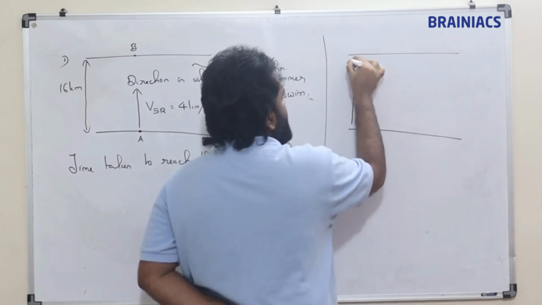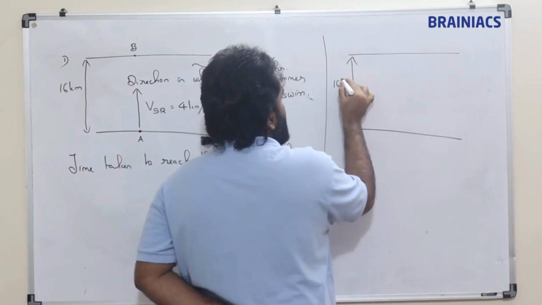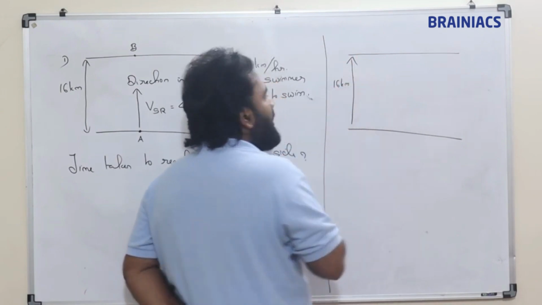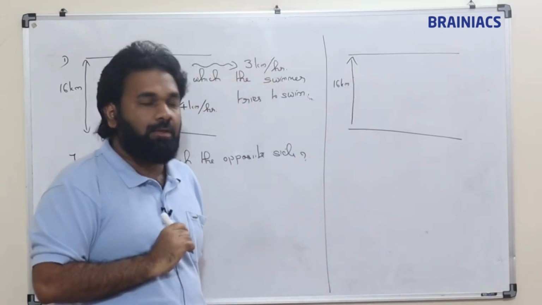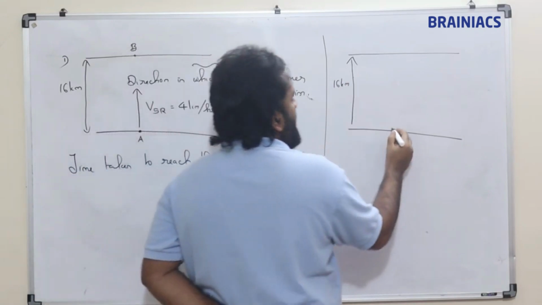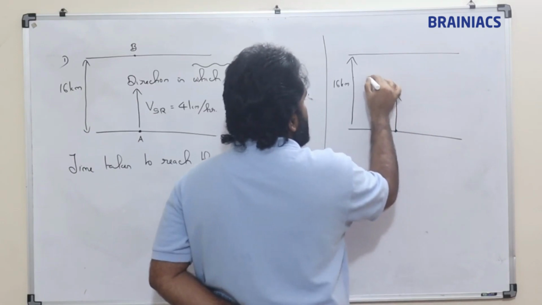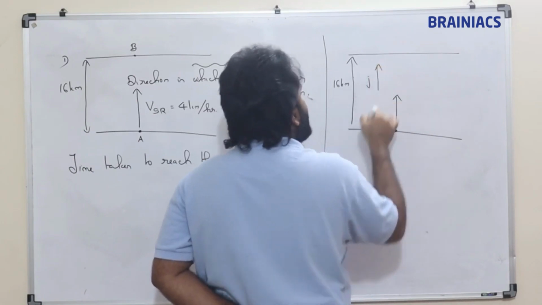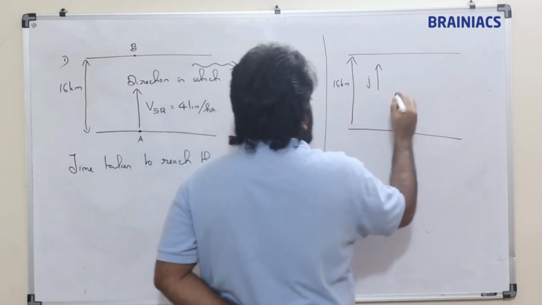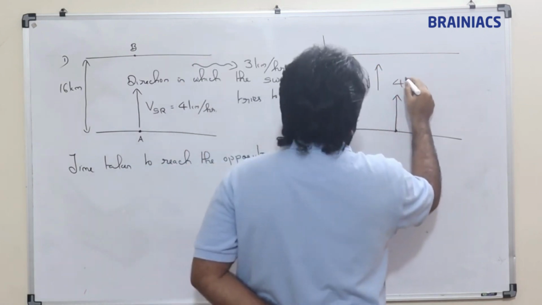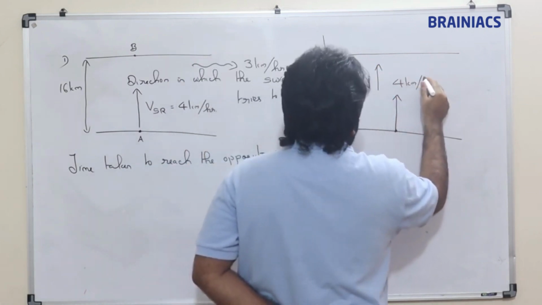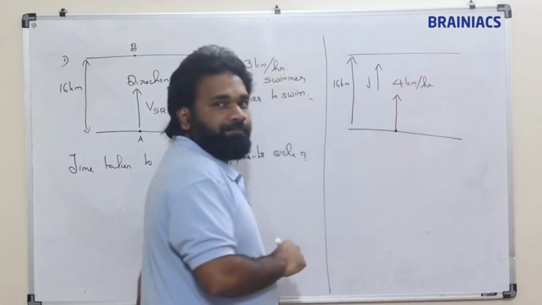The width of the river is 16 kilometers. The only velocity which is available, so this I am considering as the J direction, is 4 kilometers per hour in the J direction.